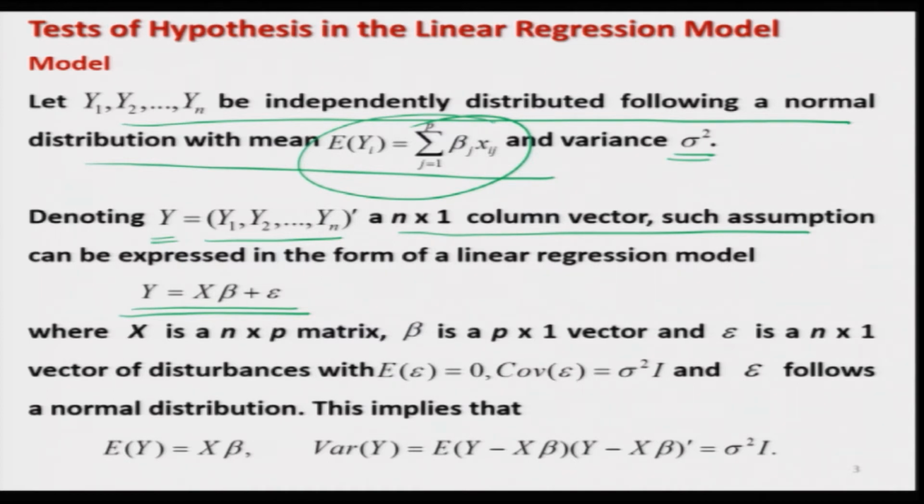So, here x is going to be an n cross p matrix of p covariates x1, x2, xp, and on each of the variables we have obtained a number of observations.